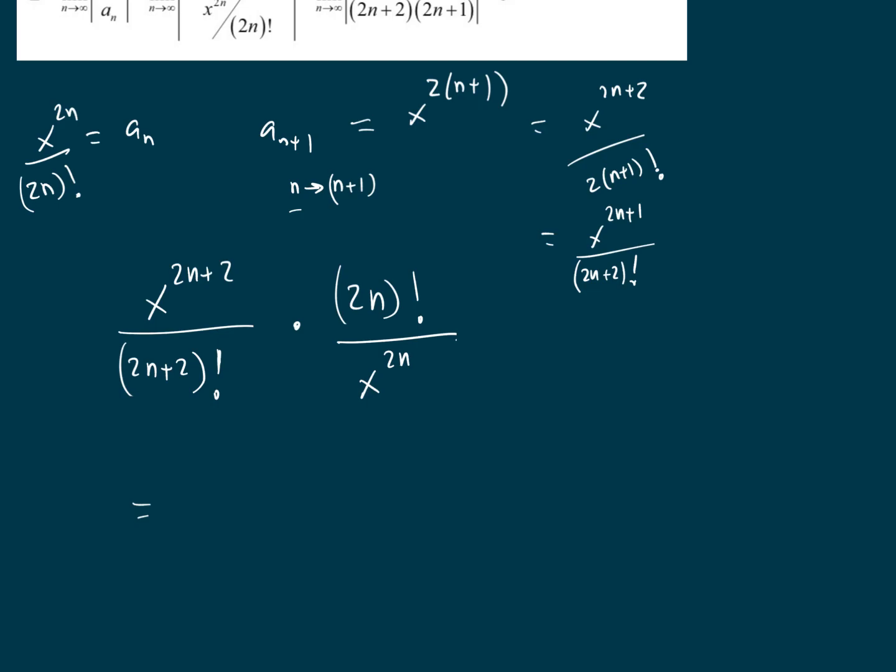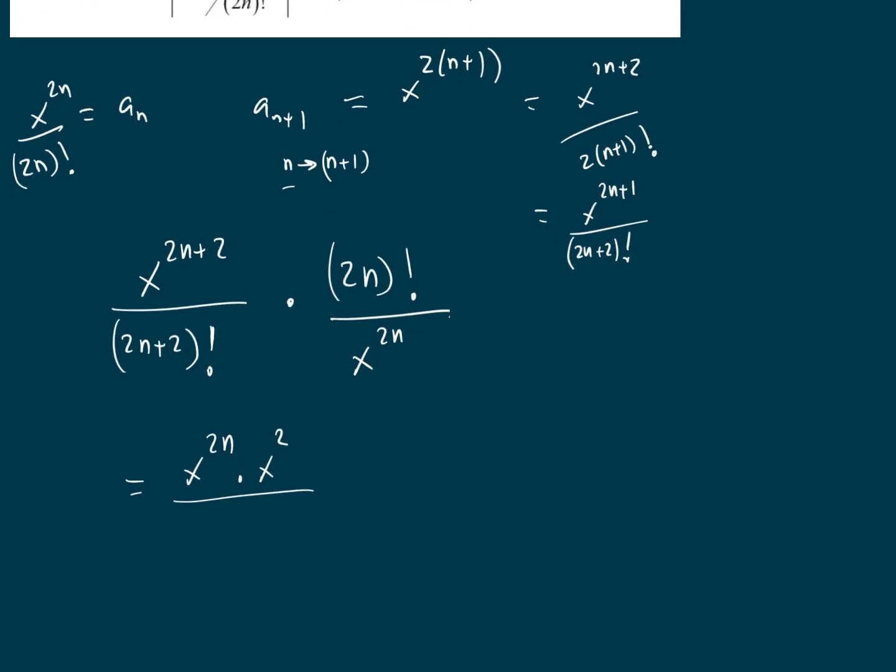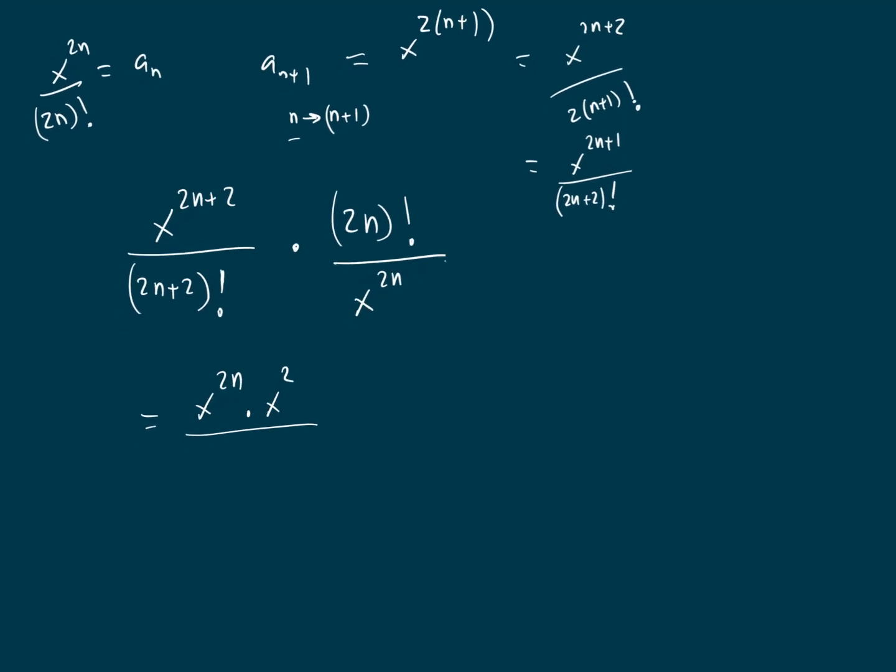So this term can be written like x to the 2n multiplied by x squared. And 2n plus 2 factorial can be written like 2n plus 2 multiplied by 2n plus 1 multiplied by 2n factorial.